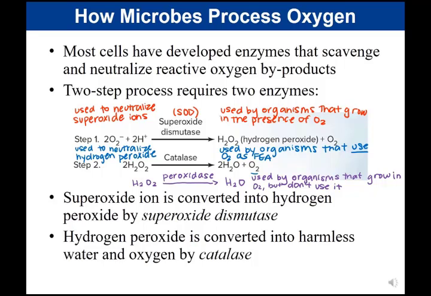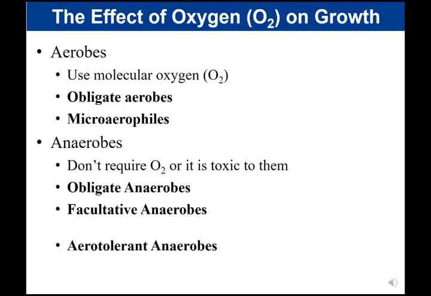And when you get a cut and those cells are damaged, those cells will also release catalase, which would then produce the oxygen bubbles when you pour hydrogen peroxide in that wound. And so these are the enzymes that bacteria need to have if they're going to grow where O2 is found. They have to have these enzymes to be able to neutralize those toxic oxygen species.